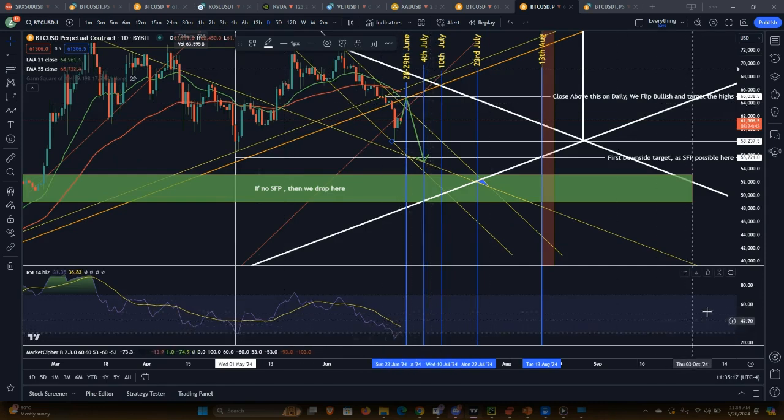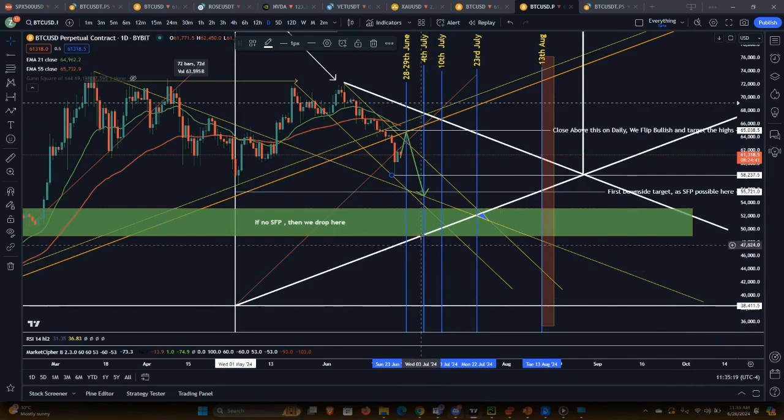And that's what I am looking for, to find a bottom here. Basically, if we get an SFP of this low and then close above this low, followed by a bullish divergence, that would be a really good indication that the bottom might be in.